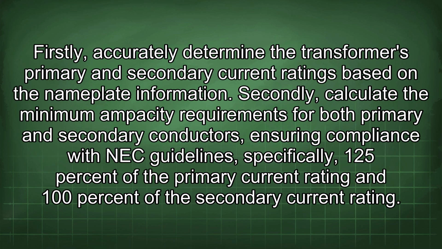Firstly, accurately determine the transformer's primary and secondary current ratings based on the nameplate information. Secondly, calculate the minimum ampacity requirements for both primary and secondary conductors, ensuring compliance with NEC guidelines, specifically 125% of the primary current rating and 100% of the secondary current rating.